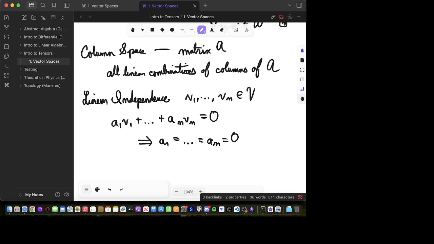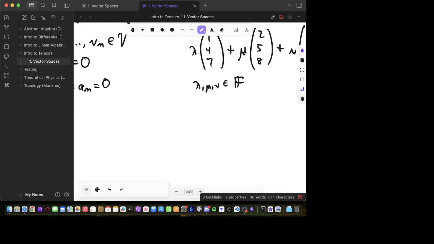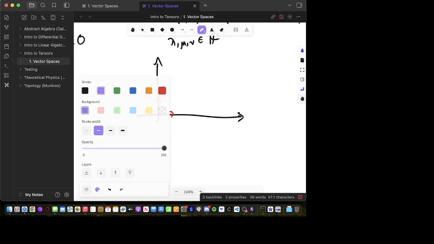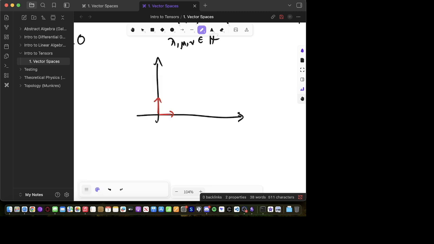So what does that mean geometrically? Let's say we have R2, and maybe we have vectors like so. Is there a way to combine them in such a way that the linear combination equals the 0 vector?